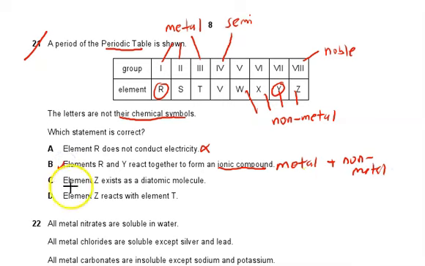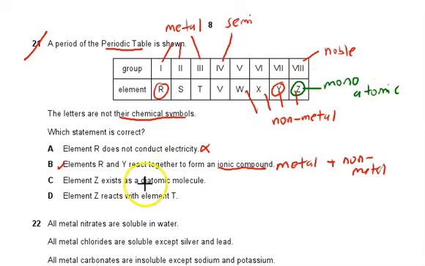Now let us look at the next one. Element Z exists as a diatomic molecule. Element Z here, it appears as monoatomic, because they do not react. So they always exist as monoatomic.